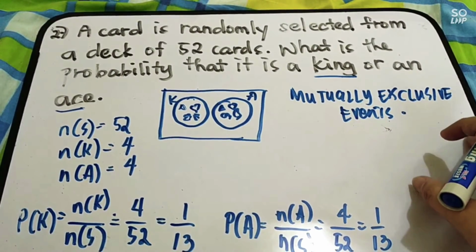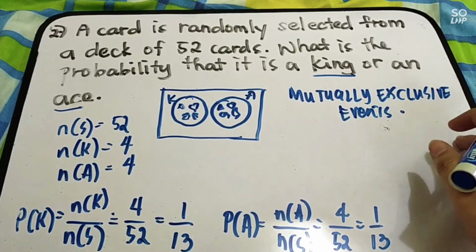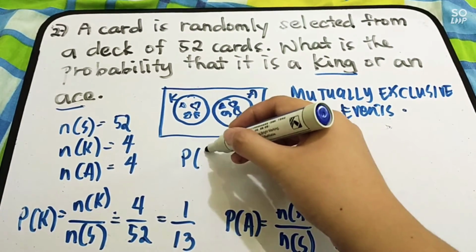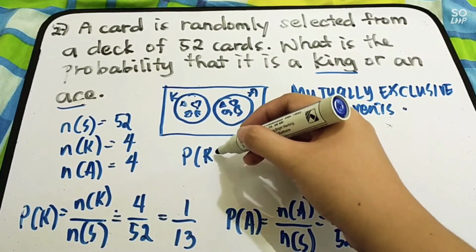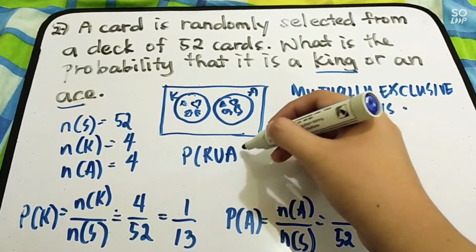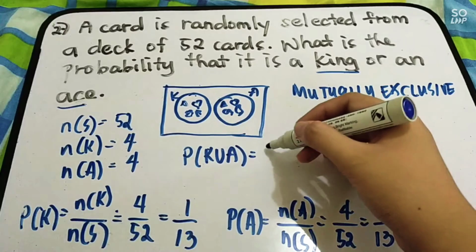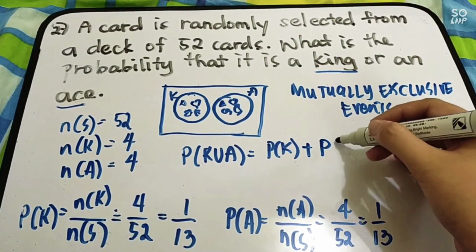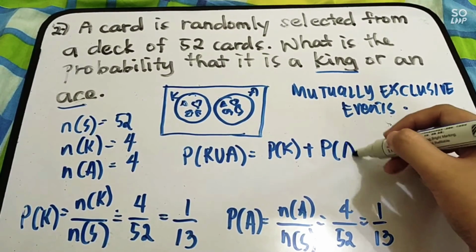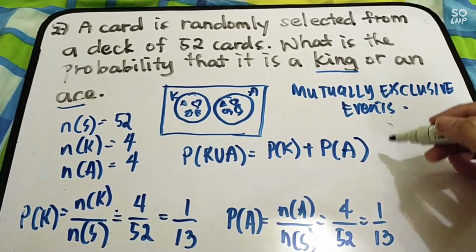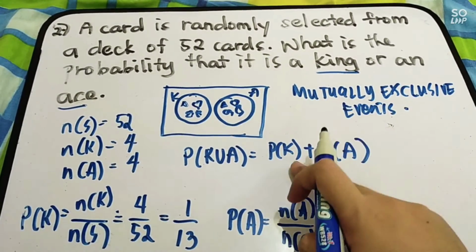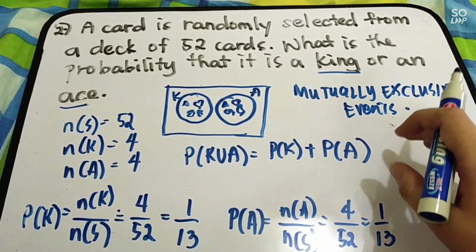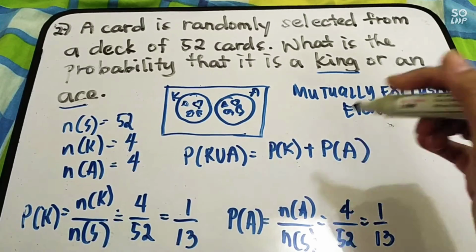Okay? Next tayo. Let us now find the probability. So, the probability of King union Ace is equal to the probability of King plus the probability of Ace. So, hindi ko na nilagyan ng probability ng intersection ni King at Ace kasi there is no intersection. So, ito na lang yung gagamitin kong formula.